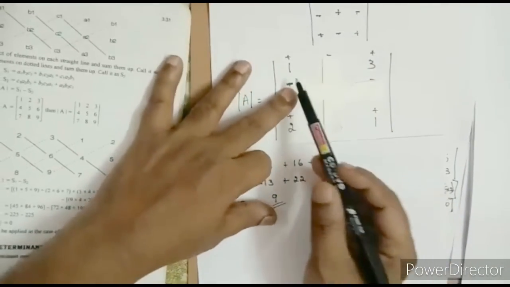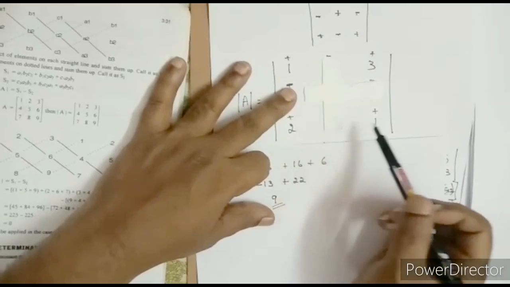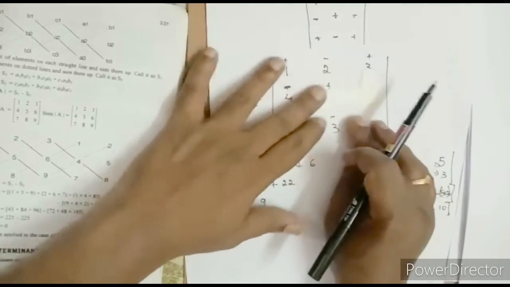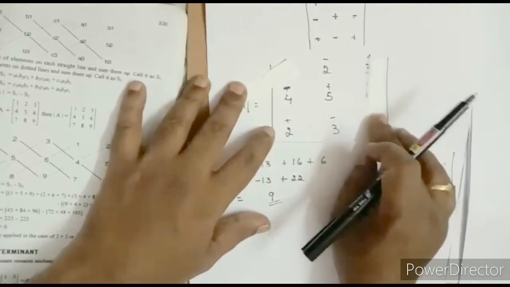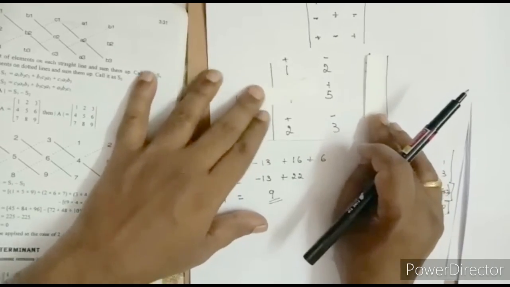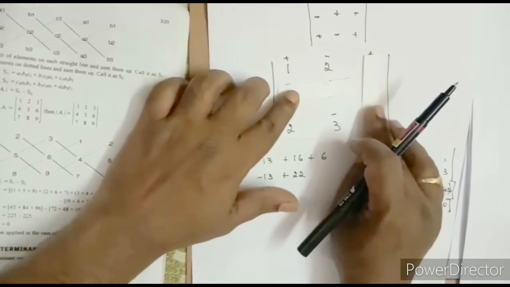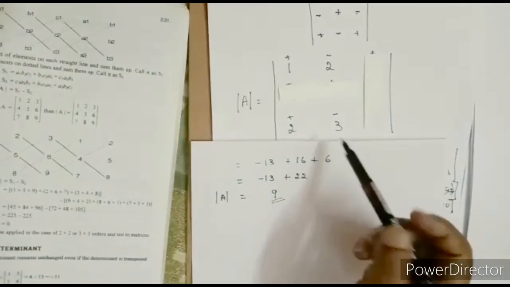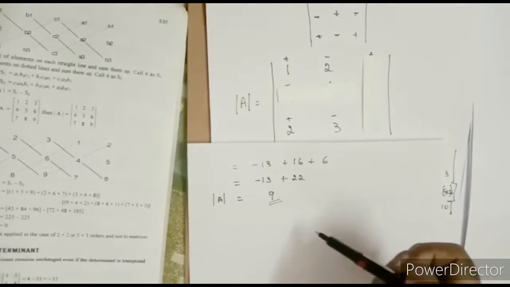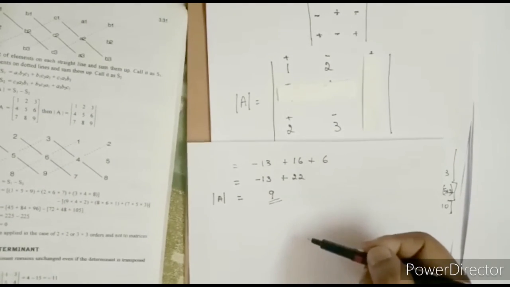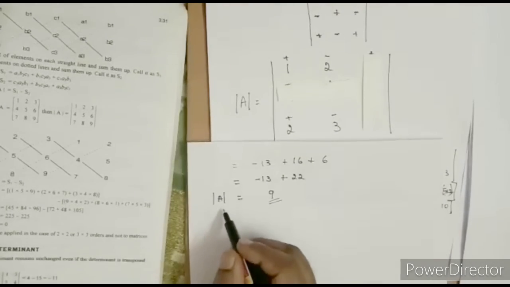Then the balance is 1, 3, 2 and 1. Then when it comes to the last, minus 6, that is 6, close the column as well as the row, and the leftover is 1, 2, 2 and 3. After which you need to cross multiply and then find out det A.